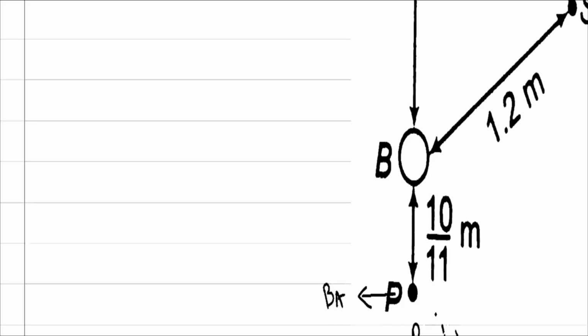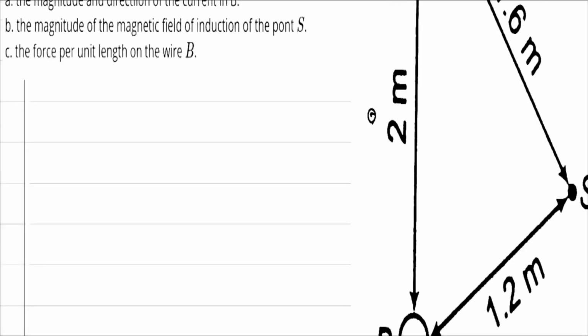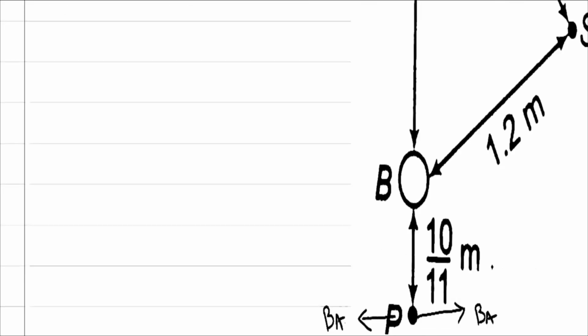So the net magnetic field will be 0 only when the field due to B is in this direction. Now class, let us assume this is L and this is L1.